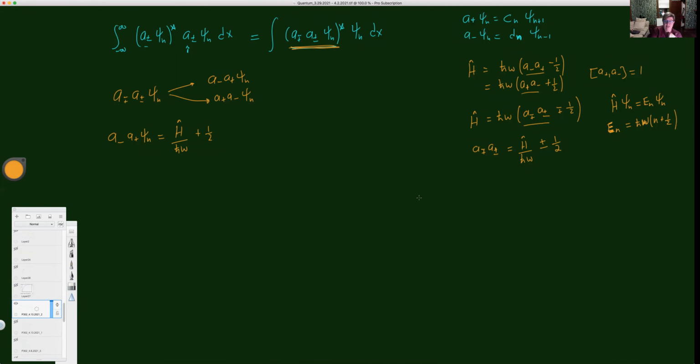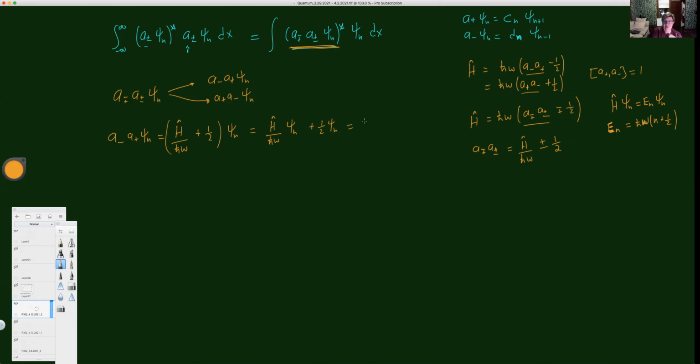All right. So we know this is true. So I'm gonna act this on psi n, right? And what do we get? So we get H hat over h bar omega acting on psi n. I know what to do with that. And then, whoops, not equals, plus, and then this one's just 1/2 times psi n. This guy here is En psi n.